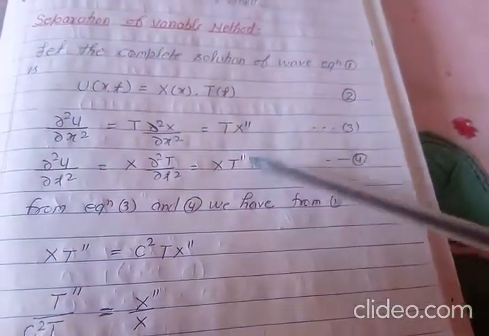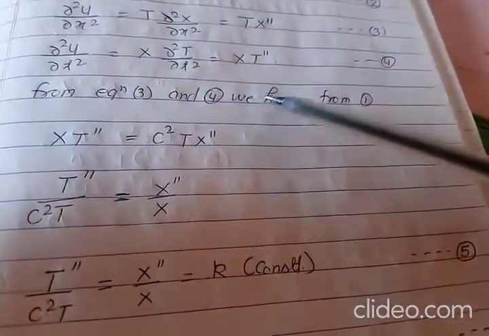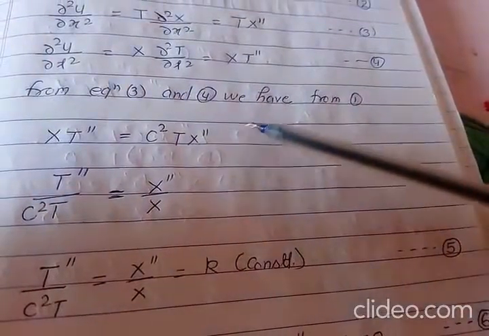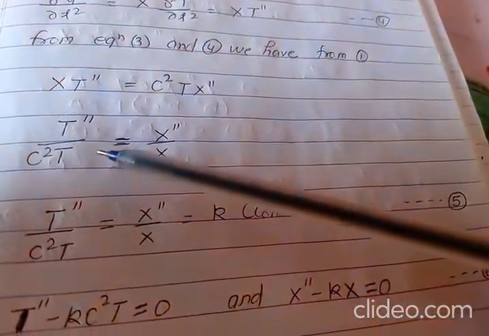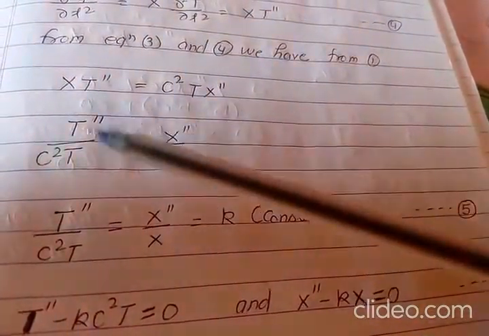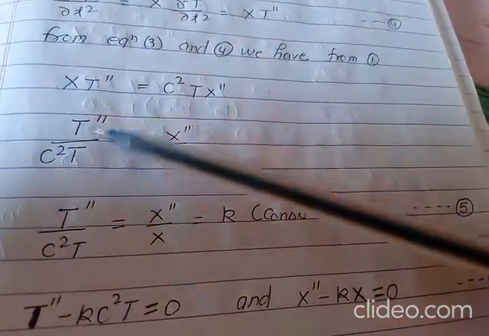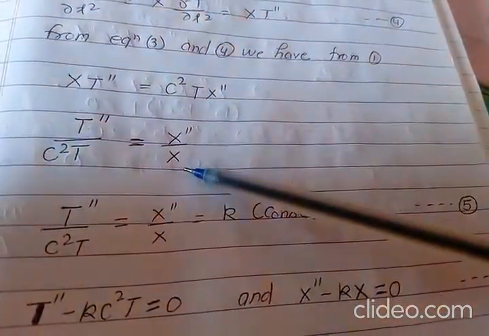Now putting these two values in the given equation, we will find X T'' = c² T X''. Now by separating the values of T and X, we will obtain T''/(c² T) = X''/X.